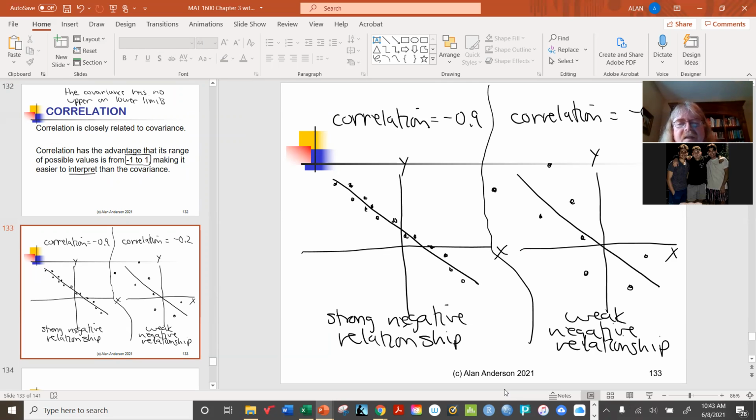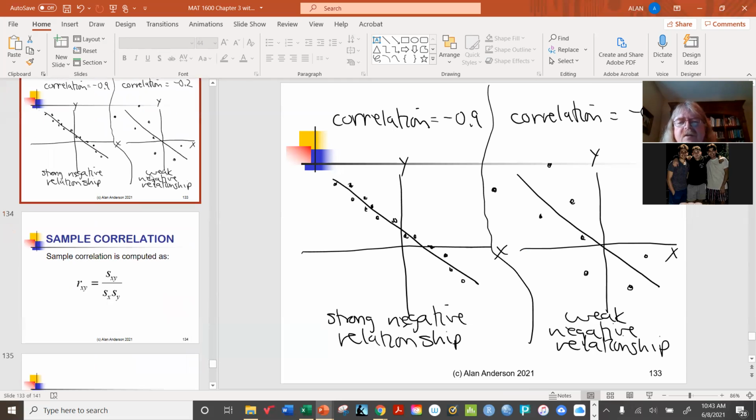And we can say the same thing about positive relationships. Remember, there's an upper limit as well. That upper limit is 1. So therefore, let's take a look at a couple of new graphs and see what would happen with positive relationships. All right. Let's see.